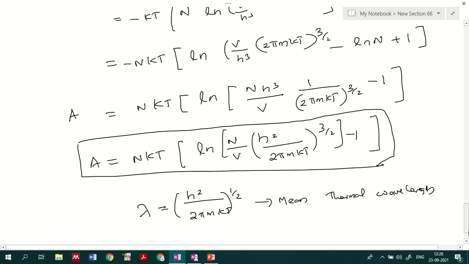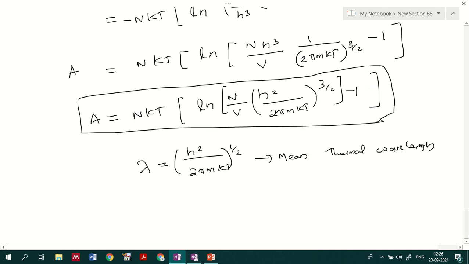Now if I substitute lambda into the above equation, our Helmholtz energy becomes A equal to nkT (ln n lambda cubed by V minus 1).